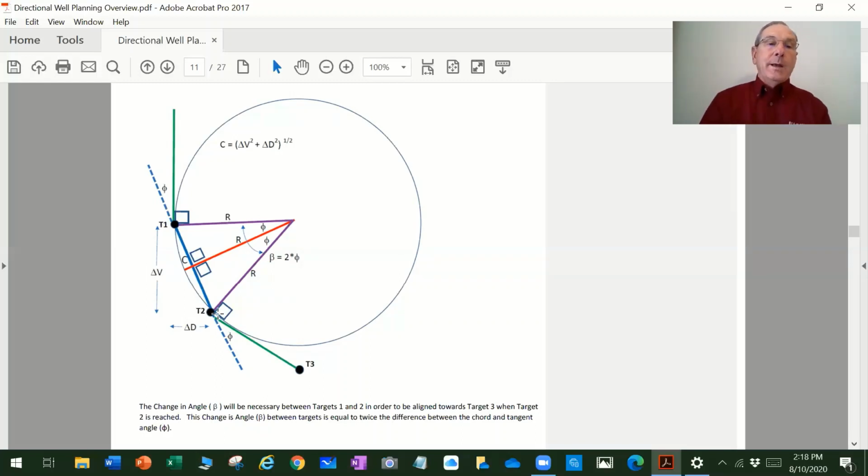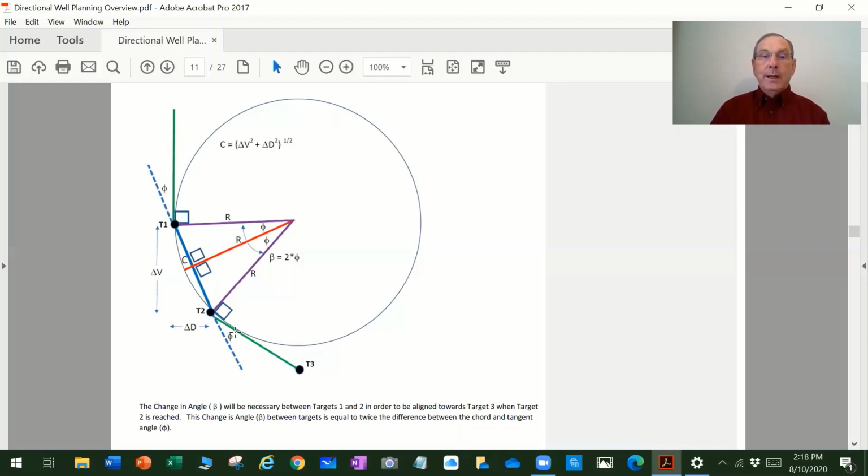Let's say for the fun of it that the inclination of the chord between target number 1 and target number 2 is 30 degrees, and this angle is 40 degrees.